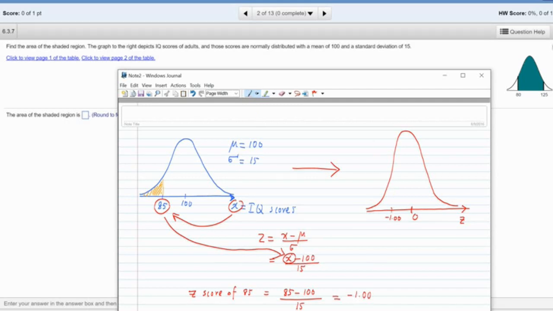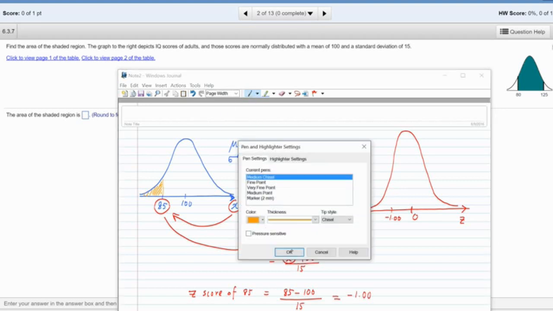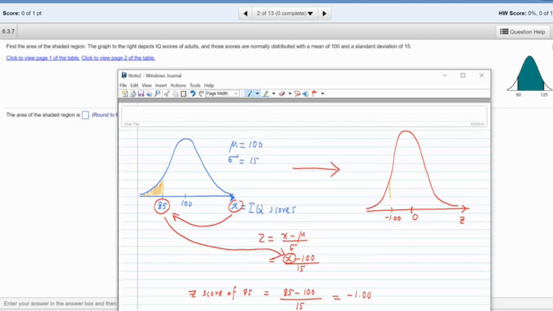Therefore these two shaded regions are equal. Now we will find this shaded region using the standard normal table.